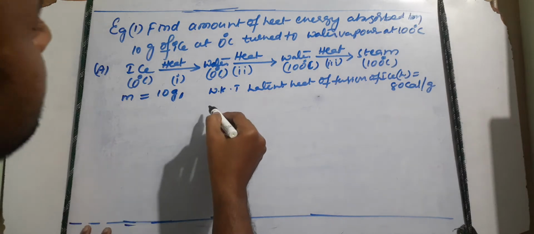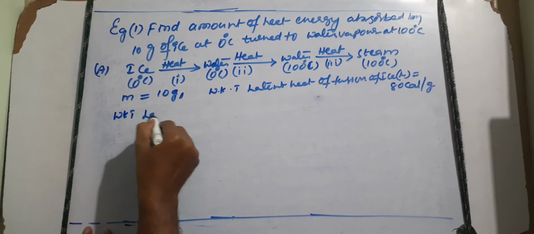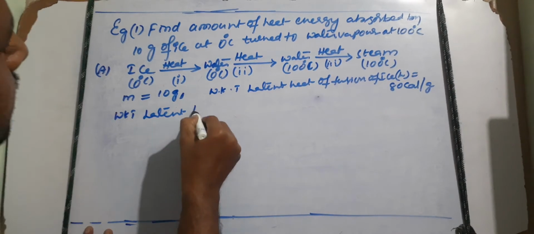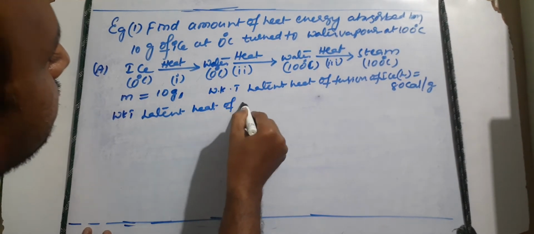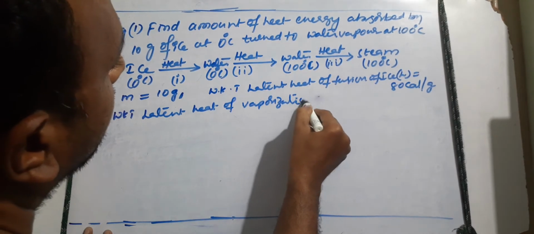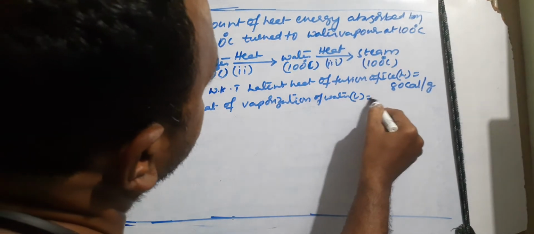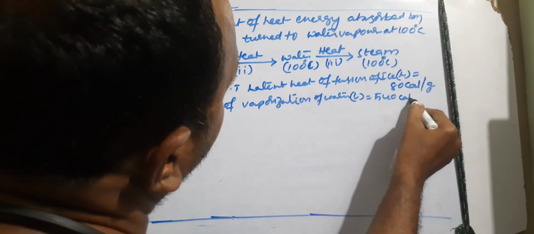Similarly, we know that the latent heat of vaporization of water, L = 540 calorie per gram.